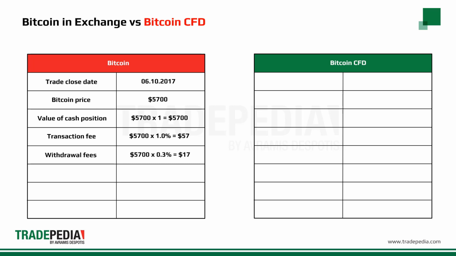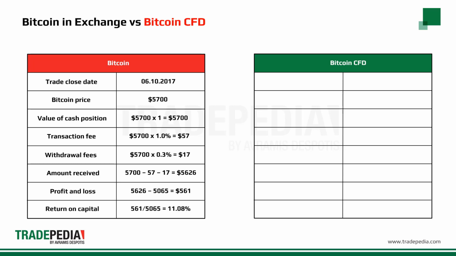With a 0.3% withdrawal and other fees, we would be charged 5,700 times 0.3%, which equals $17. The total amount received becomes 5,700 minus 57 minus 17, which equals $5,626. This gives a profit of $561. Which gives a return on capital of 11.09%.